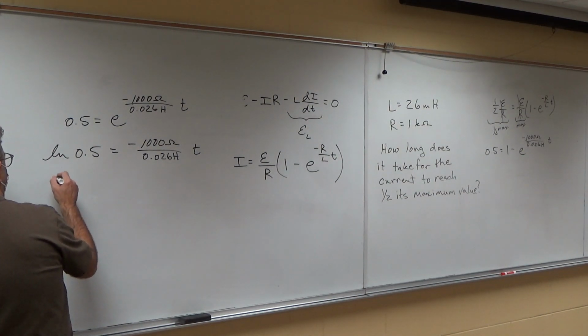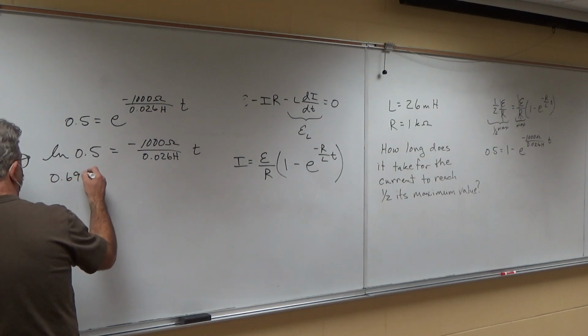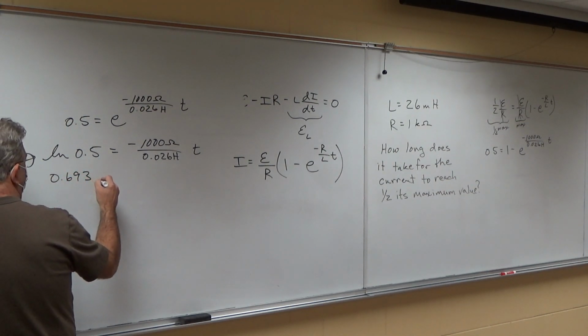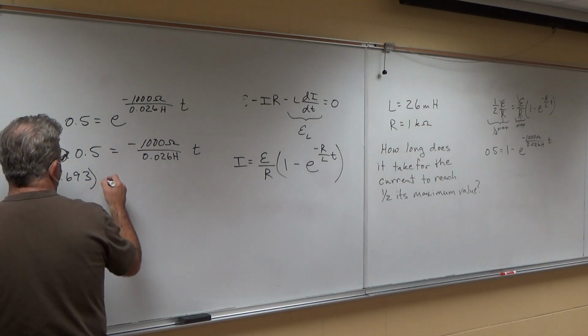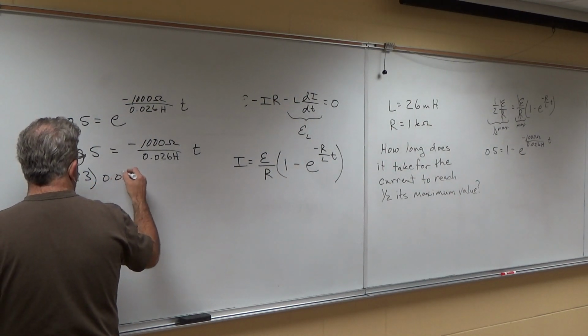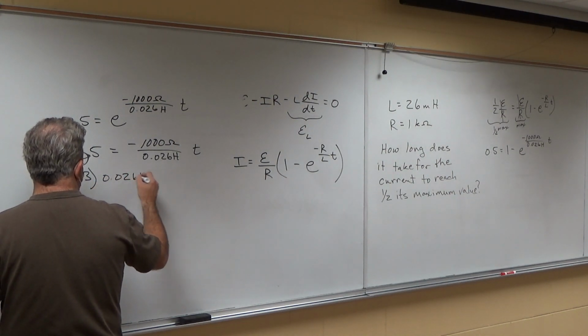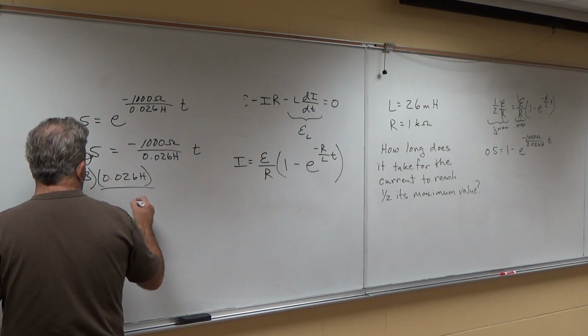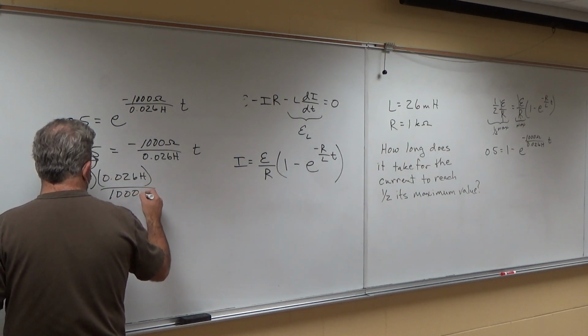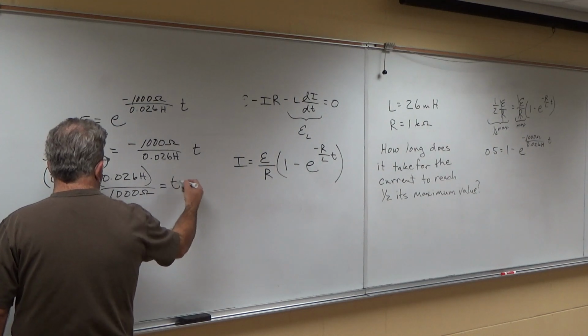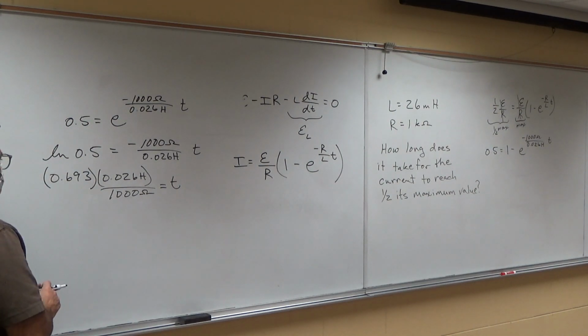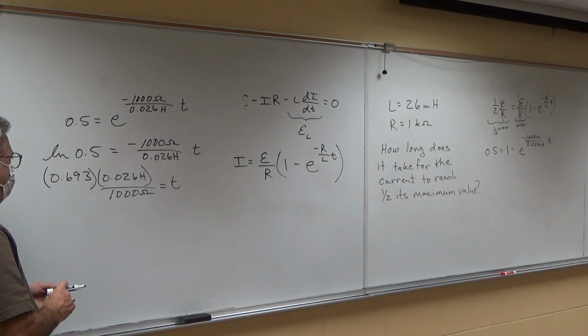So you get 0.693 times 0.026 henries divided by 1,000 ohms. That equals t. What do you get for that?